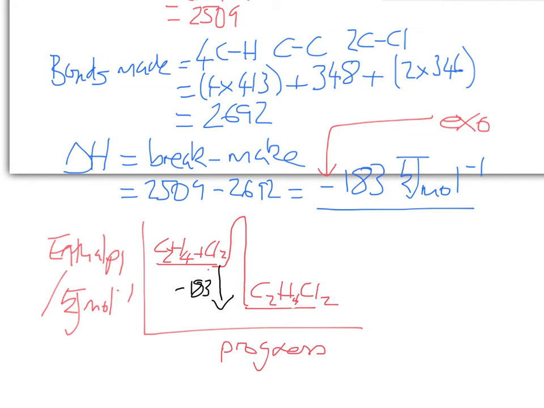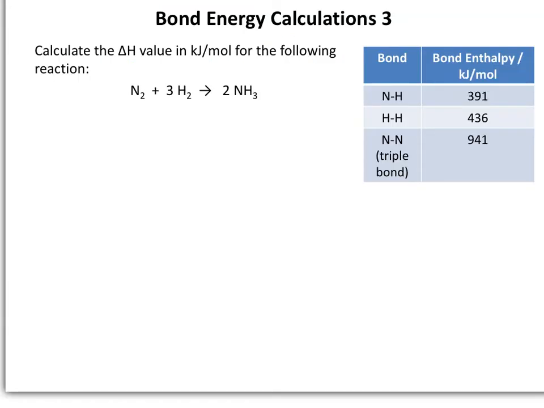Right, final question. It might be a good idea to pause the video, have a go at the last question and see if you get it right. Right, so maybe you need a bit of help with the drawing out of the reactants. Here we go, there's nitrogen triple bonded, and we've got 3 hydrogen molecules.